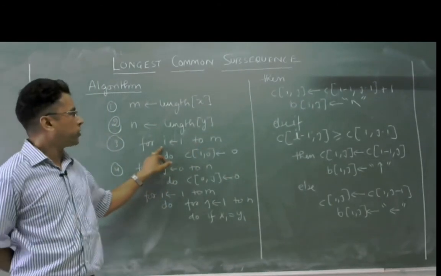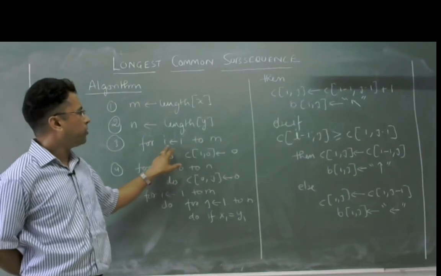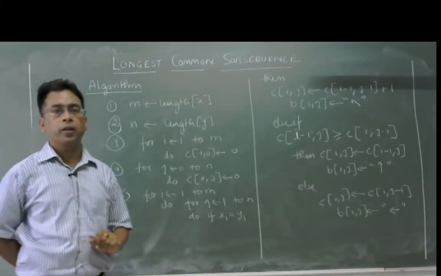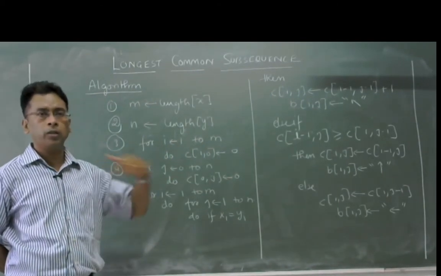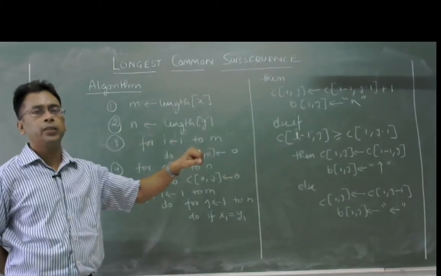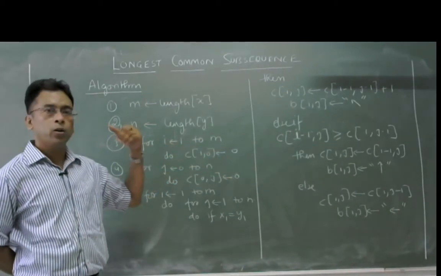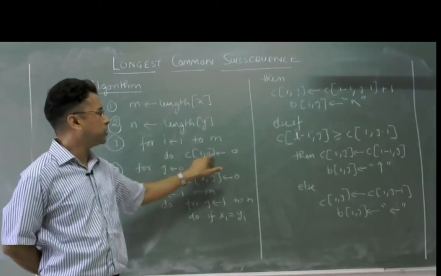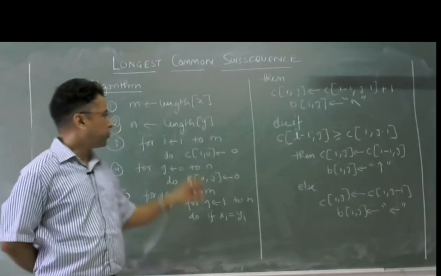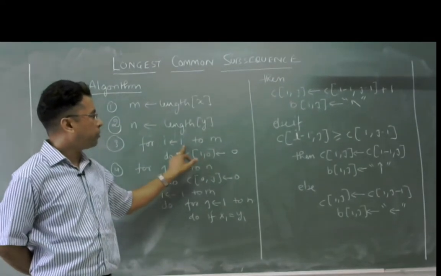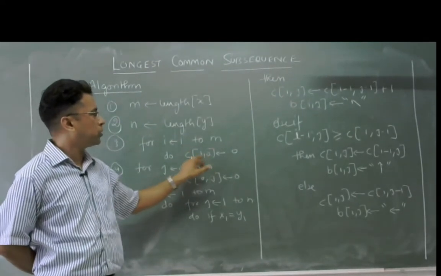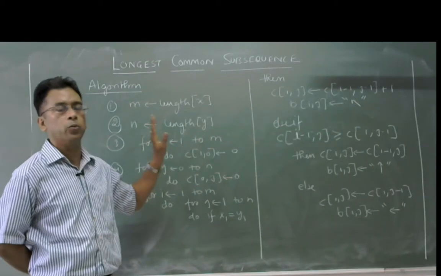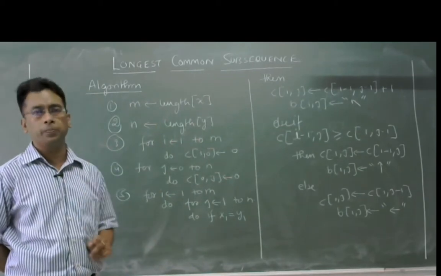What we shall do after that? After that, for i equals 1 to m, along the length side, suppose m is the row side, we shall place c[i, 0] equal to 0, means for each value of i, from 1 comma 0, 2 comma 0, 3 comma 0 up to m comma 0, we shall place the value 0.